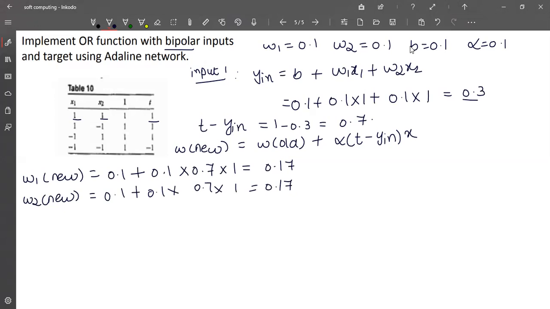And new bias value. Old bias value is 0.1 plus, and for bias, b old plus t minus y into alpha. Okay, I will write clearly.